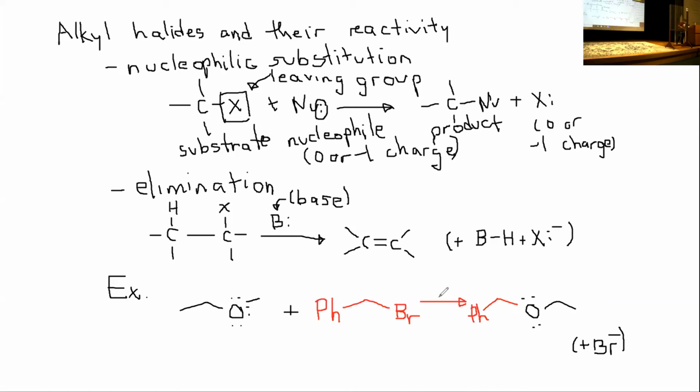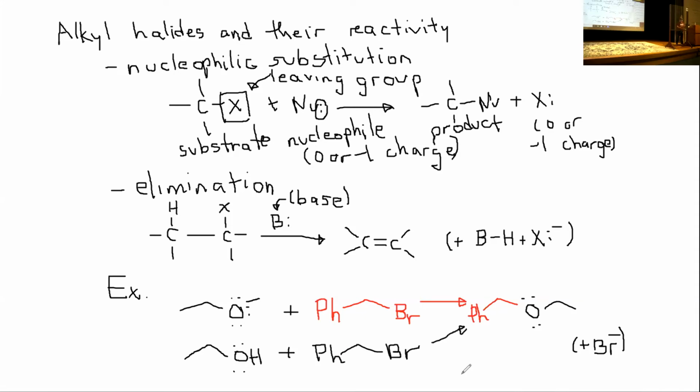Which does beg the question, could one take not O minus, but ethanol itself and treat that with benzyl bromide and still have some hope of getting the same molecule?